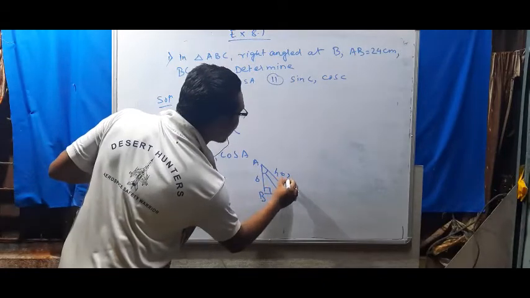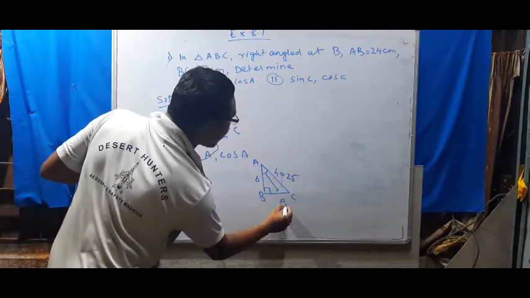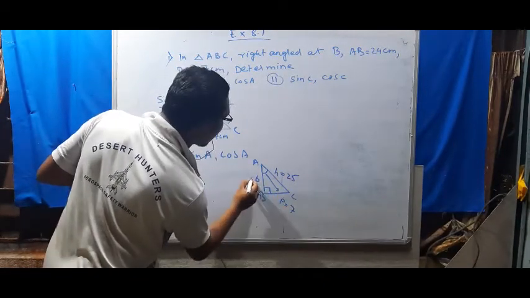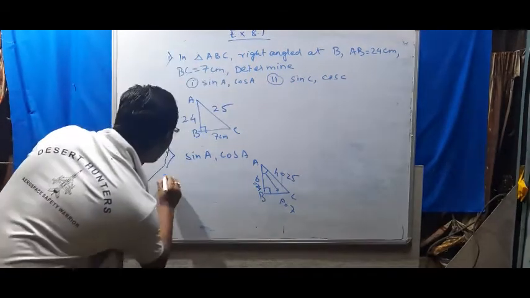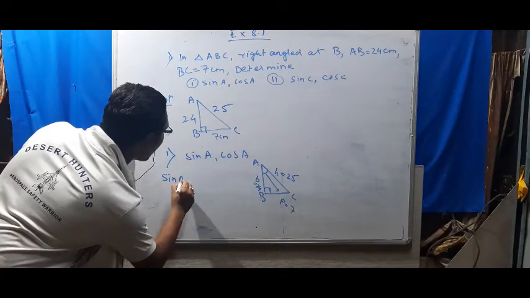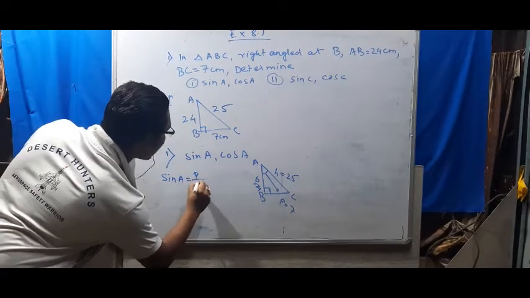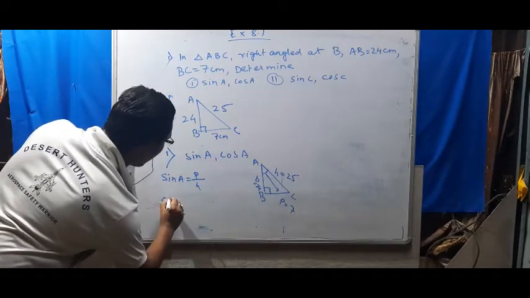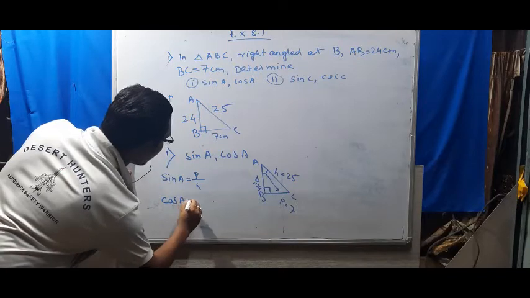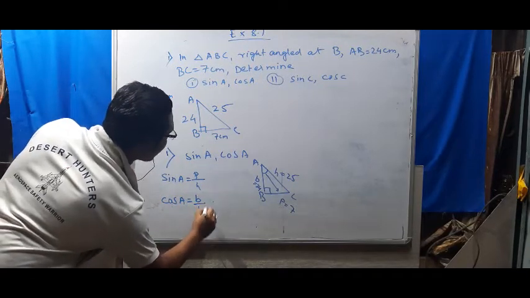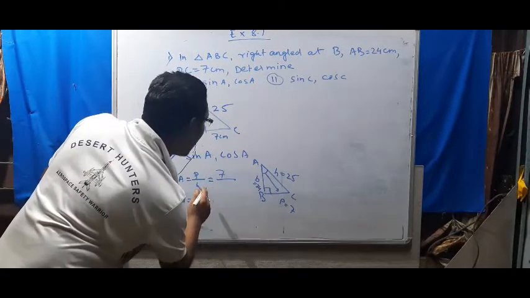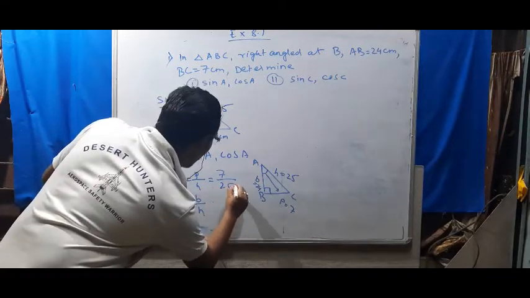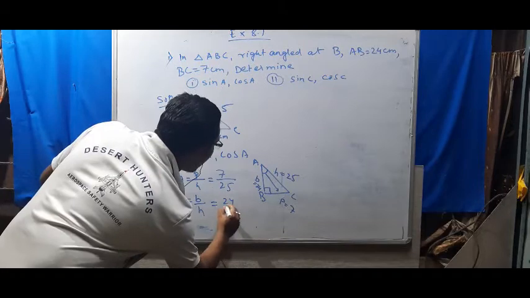So H is equal to 25, P is equal to 7, and B is equal to 24. So sin A is equal to P upon H, that is 7 upon 25, and cos A is B upon H, that is 24 upon 25.